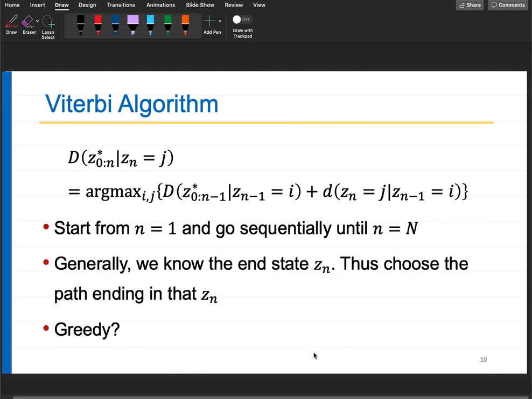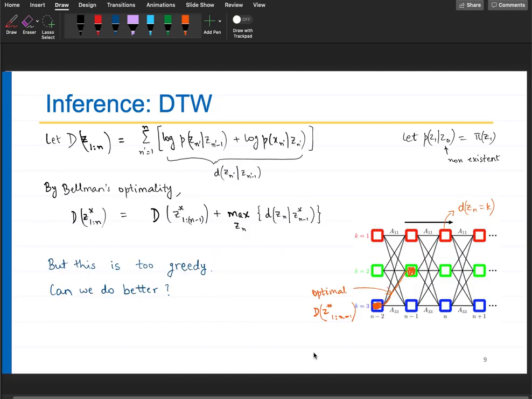Sir, in the last slide, in the cost, we also have to maximize the emission probability. Yes, so each state has a different emission probability for the observations here. Yes, we have to consider them. That's why that small d includes both the terms, the transition term plus the emission term.